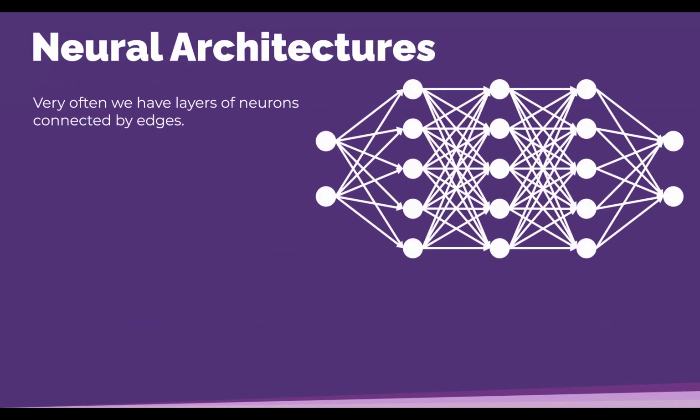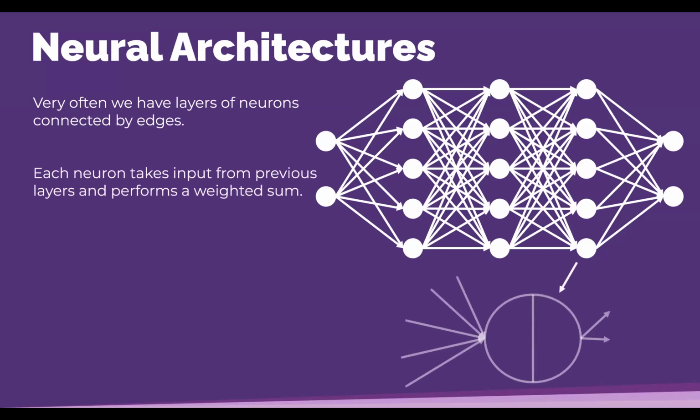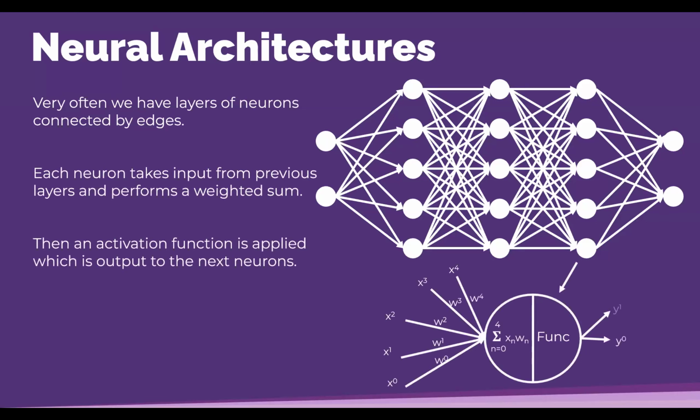So in the example on the screen here, we have a very simple multi-level perceptron, very basic form of machine learning network, which has 5 layers, an input, an output, and 3 hidden layers, and a fully connected mesh topology. And basically each neuron takes input from the previous layer and forms a weighted sum. And then we apply an activation function, which is the output for the next neurons.